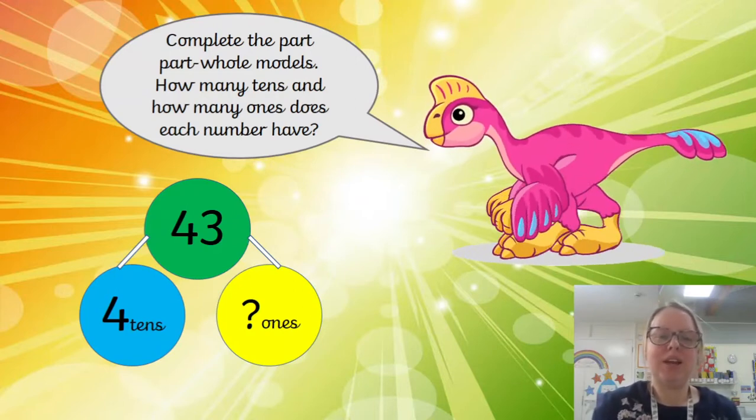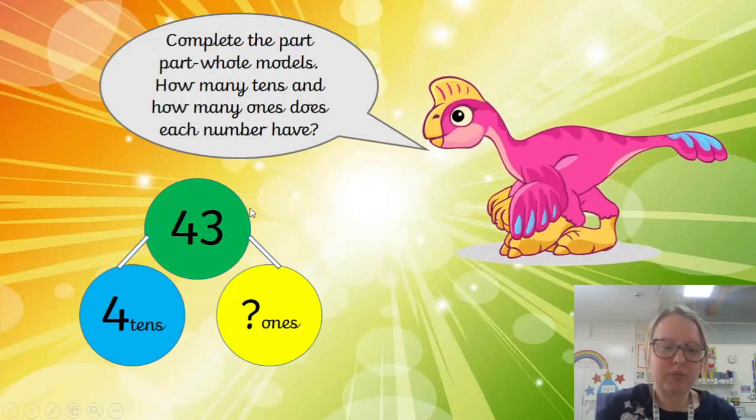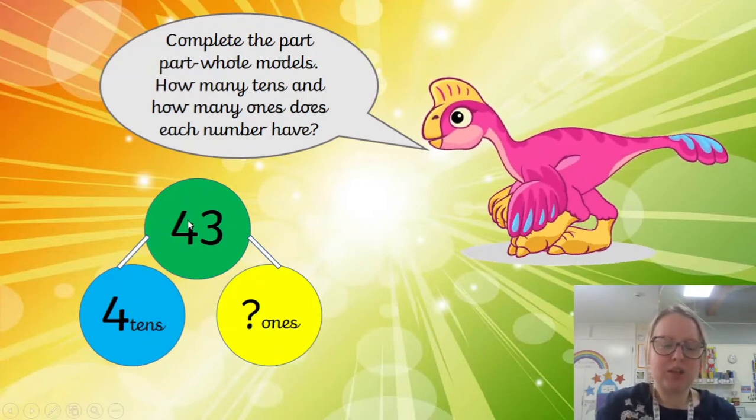Okay, now can you complete the part-part whole models? How many tens and how many ones does each number have? So we have number 43 here. This part whole model is showing us that it has 4 tens. How many ones does 43 have?